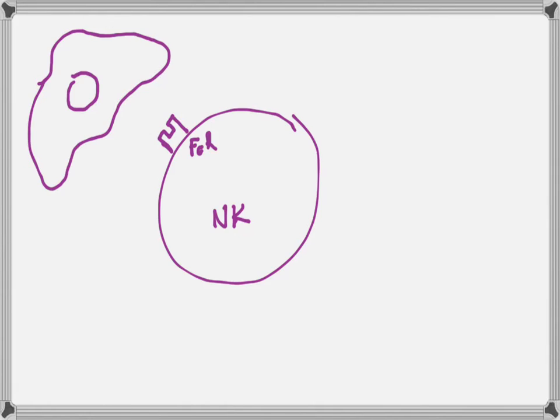Yay! So brain-eating amoeba is opsonized with antibody that recognizes some surface protein on it. And those antibodies bind, the Fc region of the antibody binds to the FCR on the NK cell.